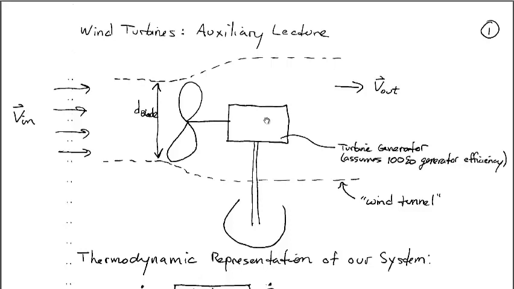A generator is just the opposite of an electric motor. In the case of an electric motor, you supply electricity, and that causes the shaft to spin. In this case, we're supplying the shaft work, causing the shaft to spin by some other means, and the internals of the generator are such that we generate electricity. In fact, the internals of a generator, in terms of windings, electrical wire, stationary magnets and things such as that, are all the same as a motor.